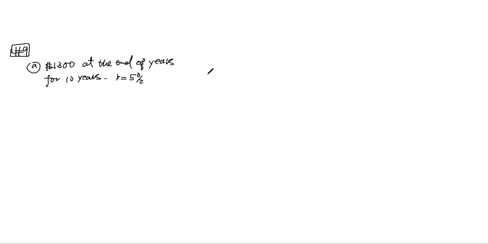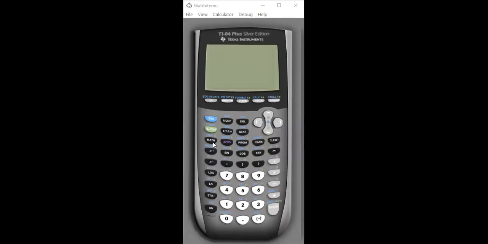Okay, so now let's take a look. Let me leave the whiteboard and go to my calculator now. Okay, so here, let's quit and clear that out. In here you go to the apps, then TVM, then clear that out. So the TVM here, I'm going to have 10 years, right? Interest rate is 5. And then in here, it's not the present value anymore.